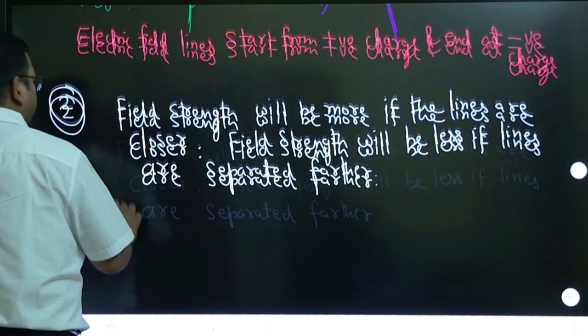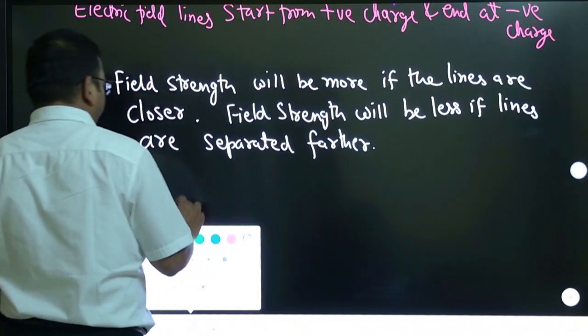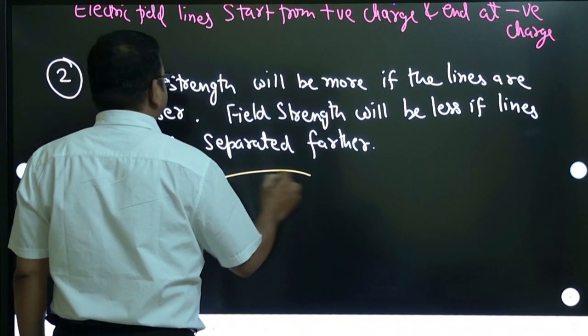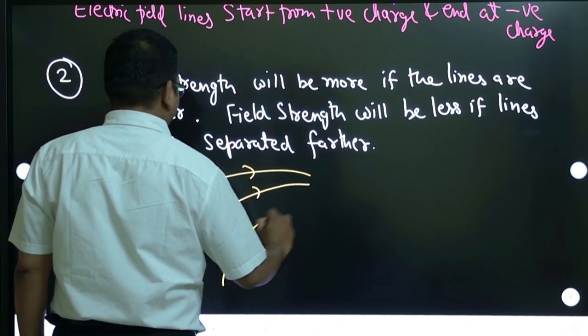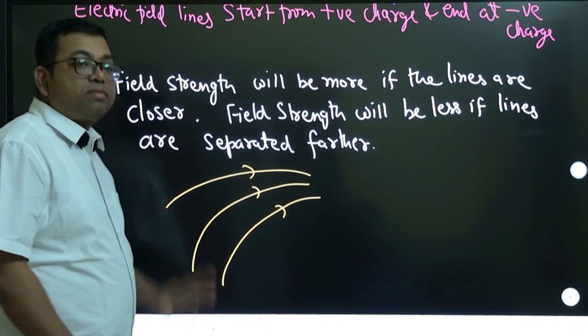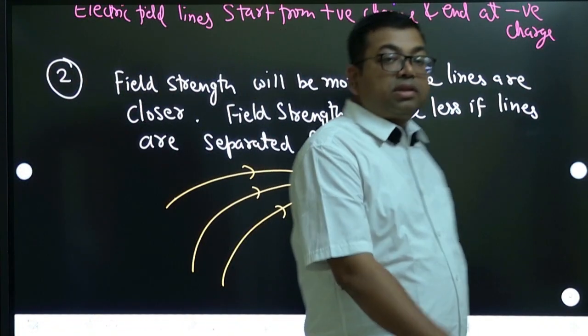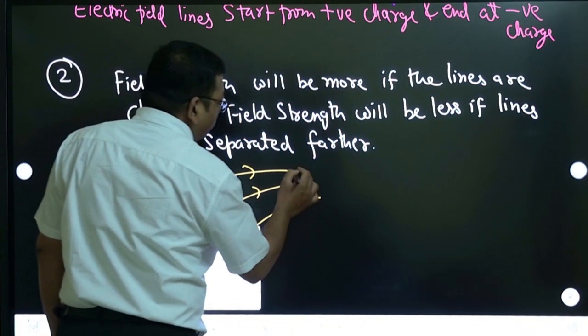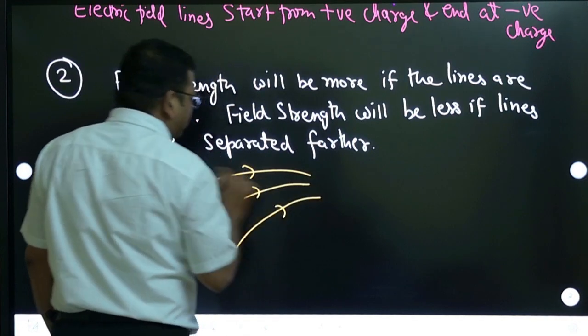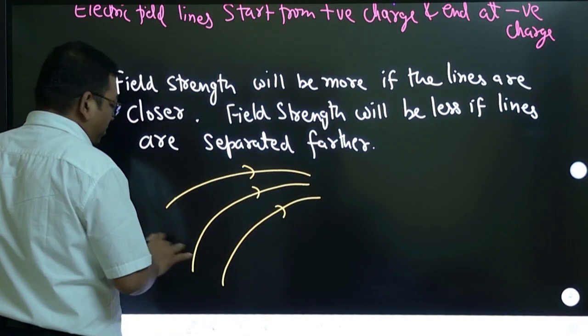What does that mean? Suppose you are seeing electric field lines going like this. Now you see at some point here the field lines are very close to each other, all the three lines. Here the field lines are further away from each other.